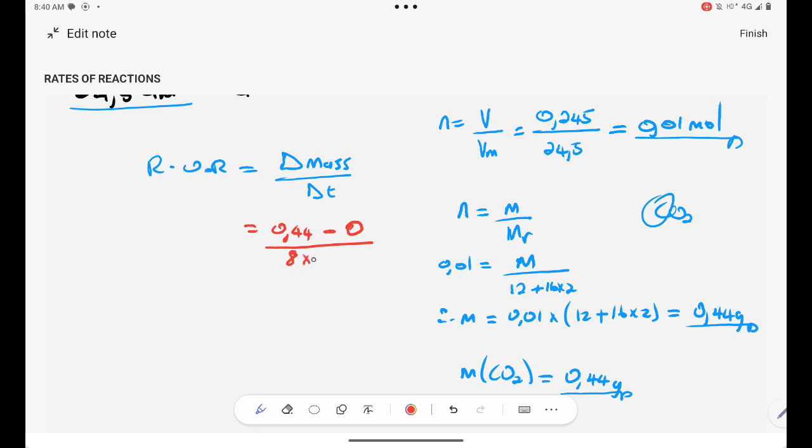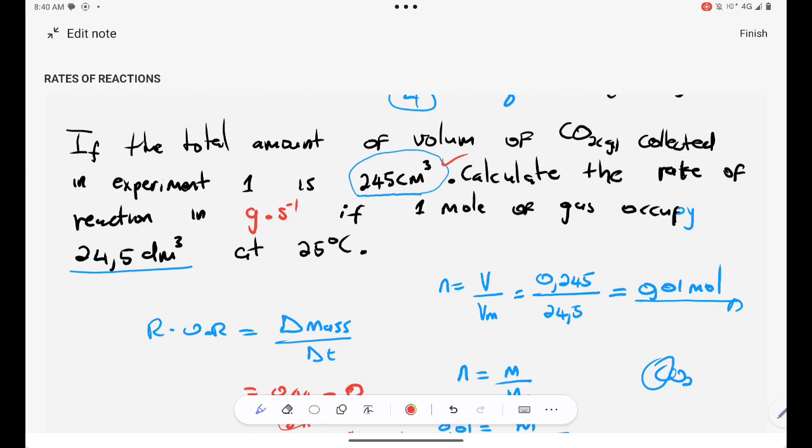I'll simply say 8 multiplied by 60. So our rate of reaction is just 0.44 divided by 8 multiplied by 60. Let me put my calculator into scientific mode. That's just 9.17 times 10 to the power negative 4 grams per second. Remember that I was forced to change my time into seconds because I was told to find my reaction rate in grams per second.